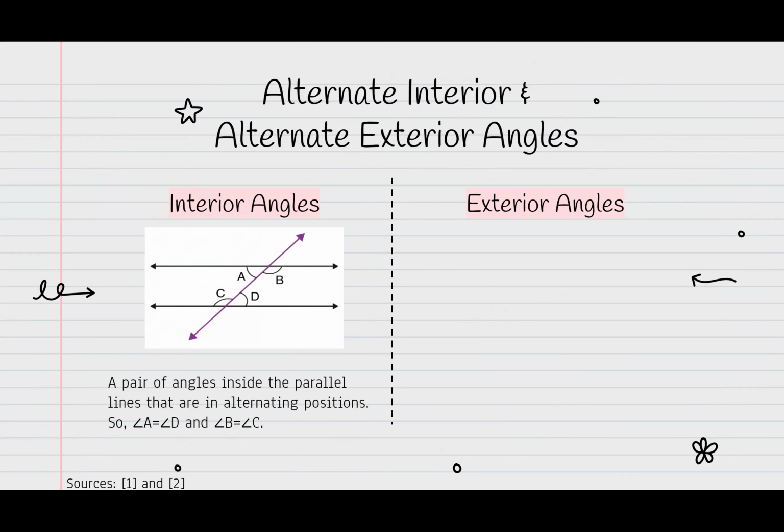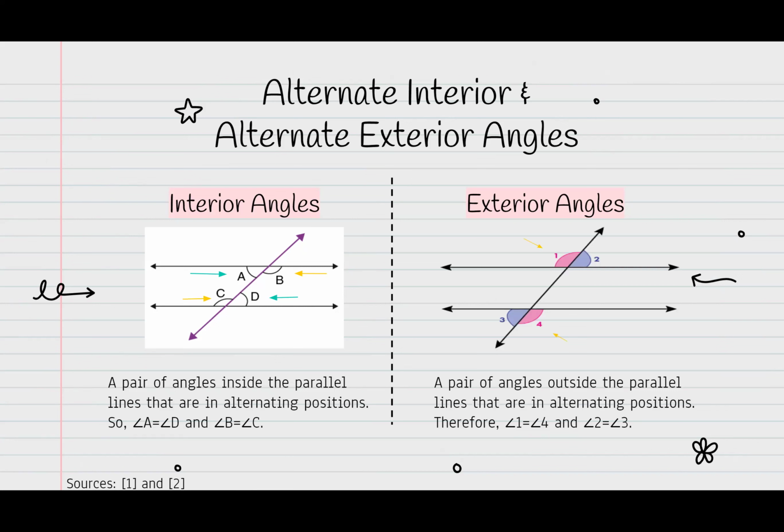So for example, angle A and angle D are equal to each other, and then angle C and angle B are equal to each other. Then alternate exterior angles are a pair of angles outside the parallel lines that are in alternating positions, like angle 1 and angle 4, and angle 2 and angle 3.